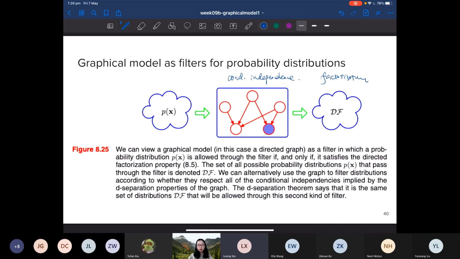Here's the spoiler: next time there is an exact picture like this for Bayes nets. We represent a certain set of factorized distributions. For MRFs, we represent another set. There are intersections, but there are things that can be filtered through a Bayes net that cannot be filtered through an MRF, and vice versa. And there are things that cannot be represented by either one.